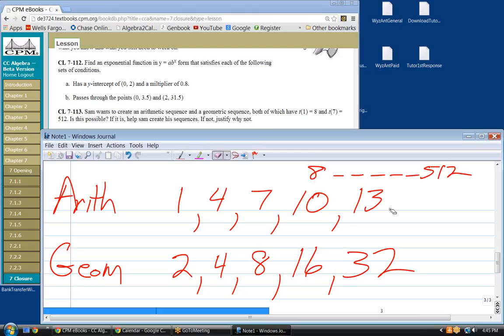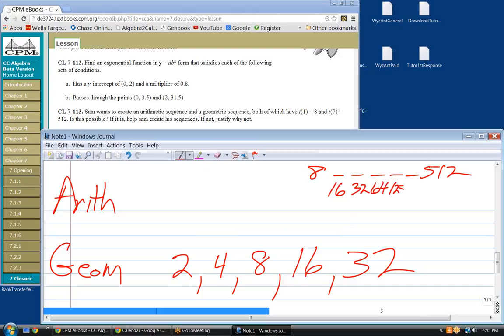Well, pretty sure that that is a geometric sequence. Let's see. It is. Every term is double the previous. So I can definitely build a geometric sequence with those two terms, where the first term is 8 and the 7th term is 512. You see how I've done that?